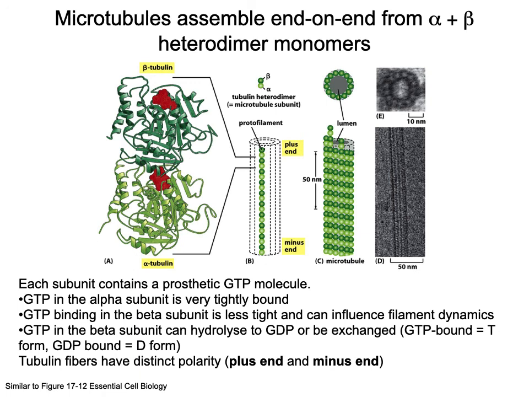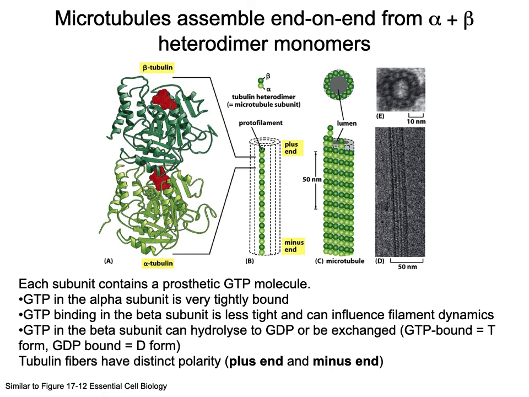You can see here in panel A, we have the alpha subunit on the bottom and the beta tubulin subunit up above that. And you'll notice that each one of these tubulin subunits is binding a GTP molecule, which is shown in red. The alpha subunit is actually going to bind to its GTP tighter than the beta subunit is going to bind to its GTP.